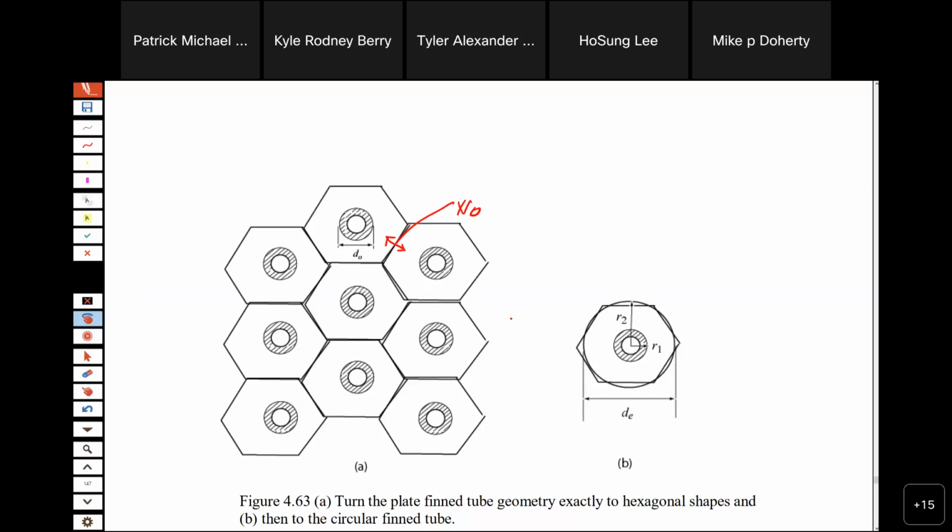Otherwise, we would need numerical computation, and we cannot do that. So analytically, assuming hexagonal and circular are converted, and there is no heat transfer between them, it's a good assumption, because everything is the same, symmetry.